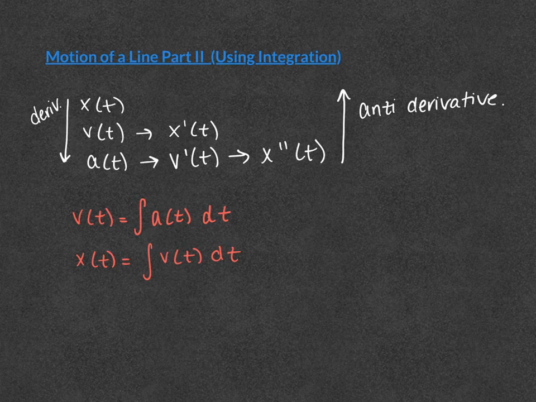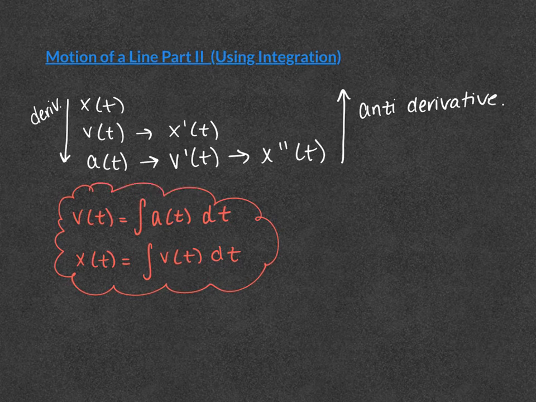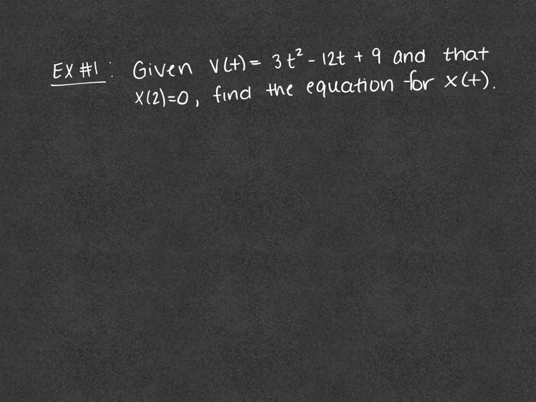So moving up the ladder, if I want v of t, I take the antiderivative of a of t, and if I want x of t, I take the antiderivative of v of t. I would write these down, and these are the things we're going to use, basically moving backwards between the lines. Okay, so let's look at an example.